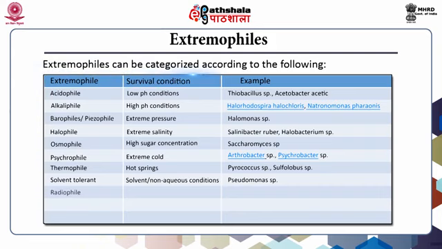Do you know what are radiophiles? These are the microbes that grow under extreme radiation, and Deinococcus radiodurans is a classical example for radiophiles. Now metallophiles. These are the microbes which are able to tolerate high metal ion concentrations in the surrounding environment, like Ferroplasma species and many more.